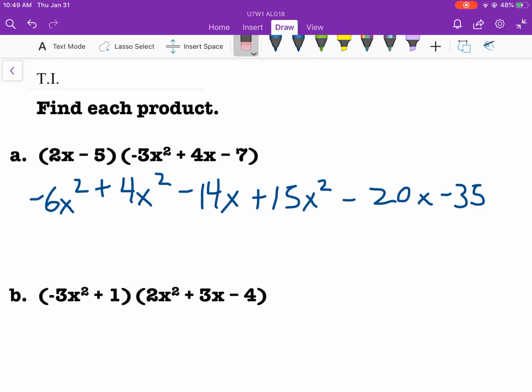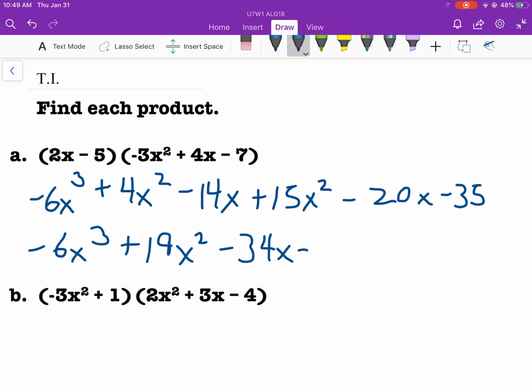So that you would get that, and combine like terms, call it macaroni, like so, and done.